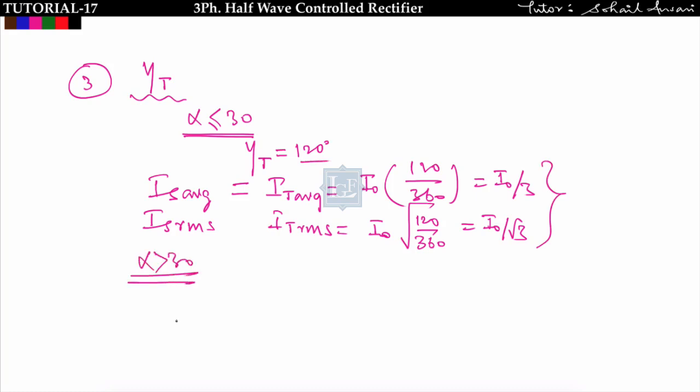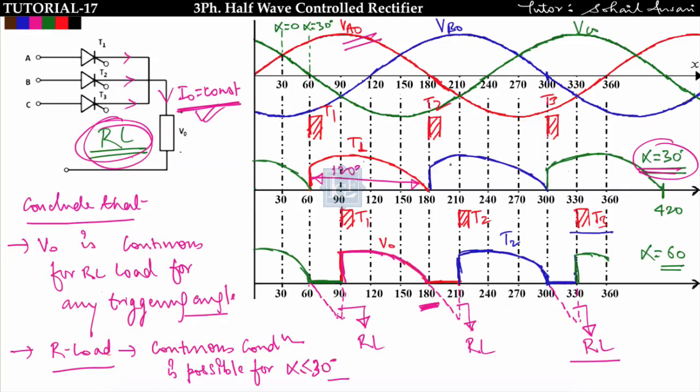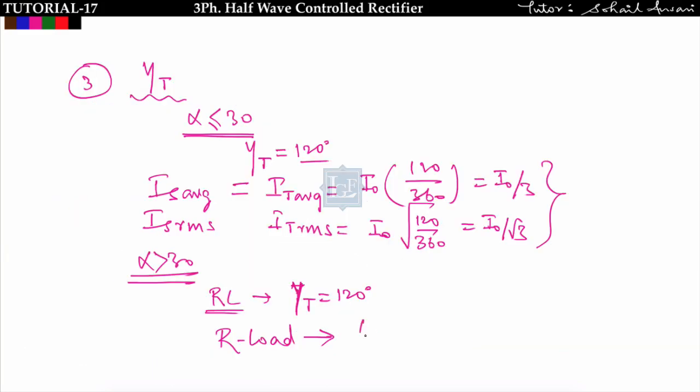For alpha greater than 30 degree, for RL type of load, the conduction angle of thyristor will be 120 degree only, because the output voltage will be continuous in case of RL type of load. But for R type of load, the conduction angle will decrease, and it will be from 30 plus alpha to 180 degree.